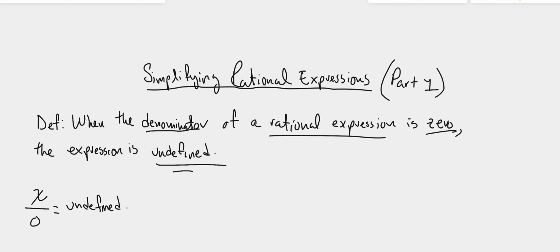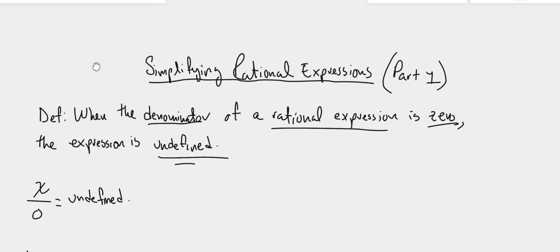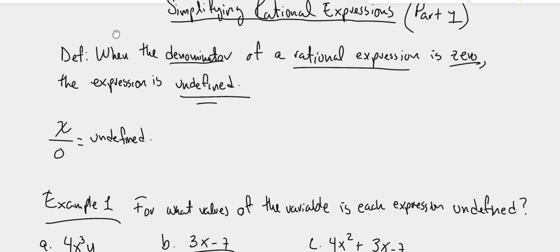Now here I have a very simple example. Hopefully this helps you understand what this means. If I have x, whatever expression, being divided by 0, then that rational expression is undefined.